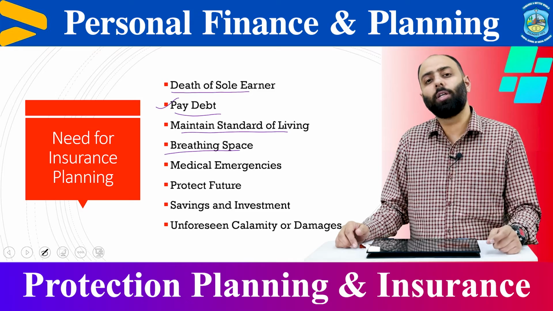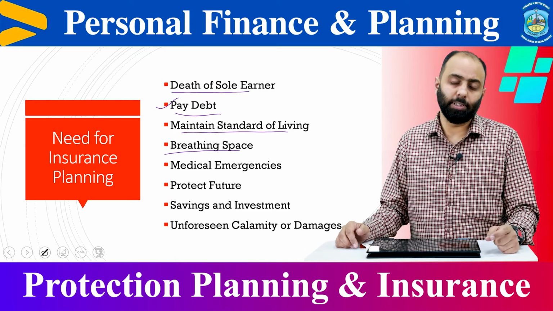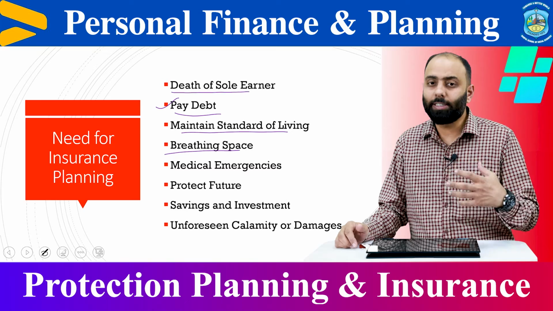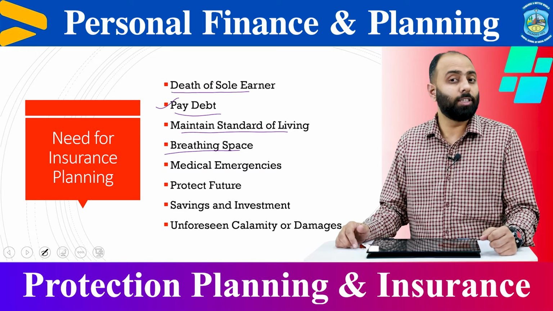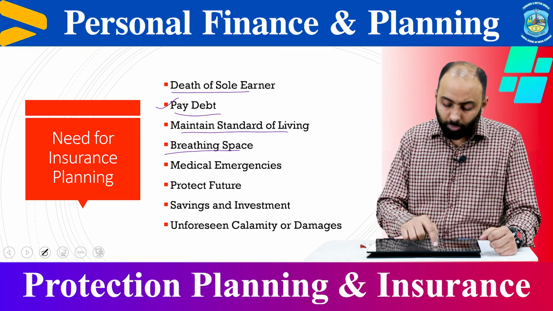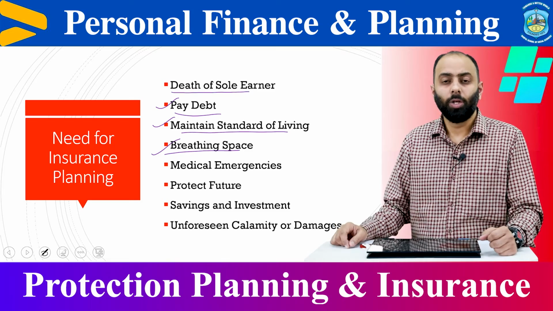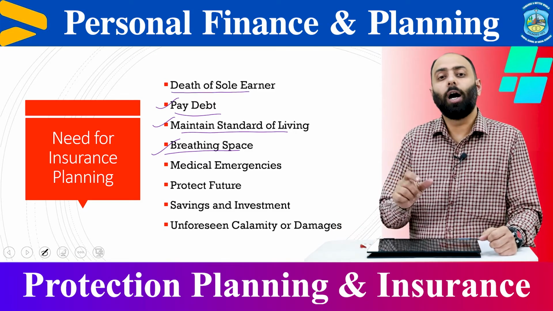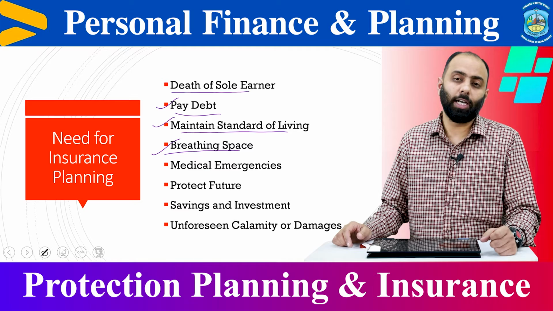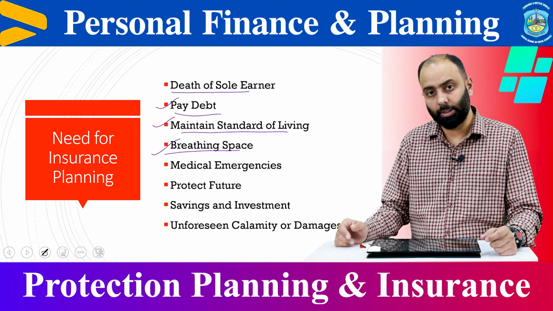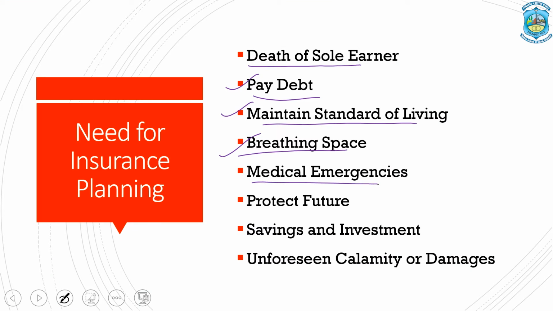For that, they need to have a breathing space. They need time to adjust and accommodate themselves to such circumstances. So with the help of insurance money, you will have marginal time to adjust and accommodate yourself to such circumstances. Then medical emergency.